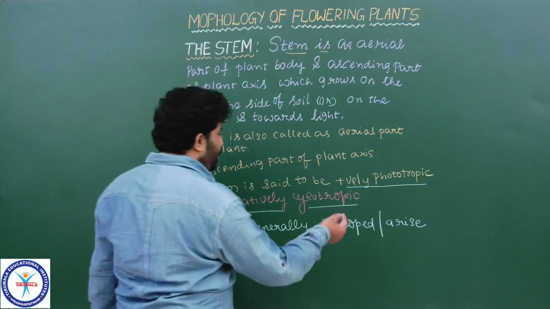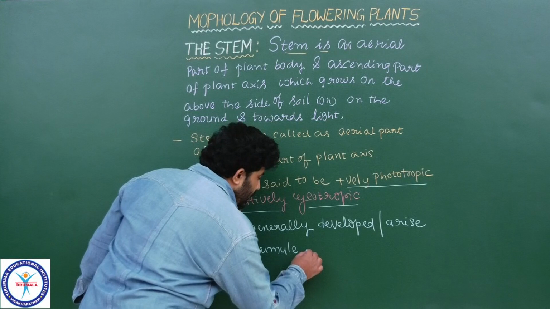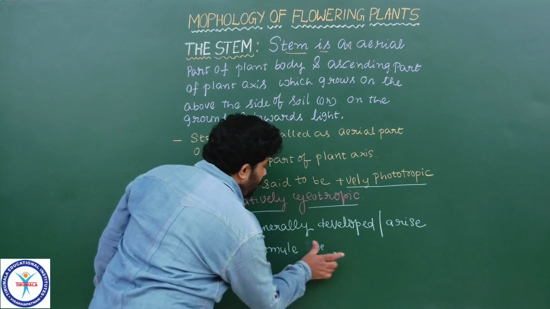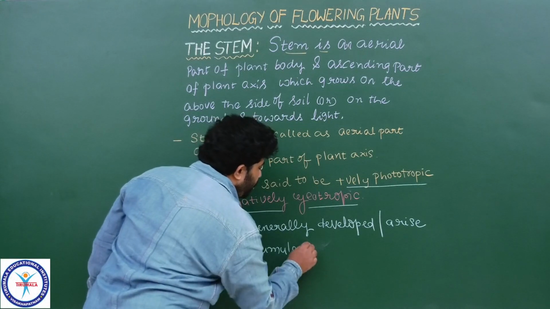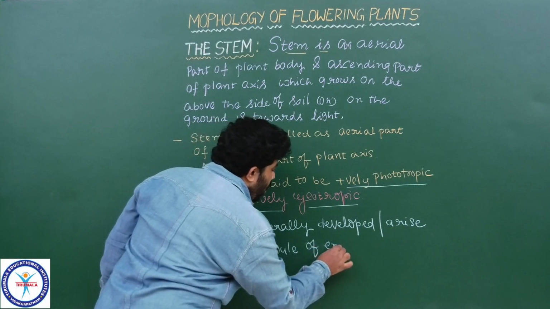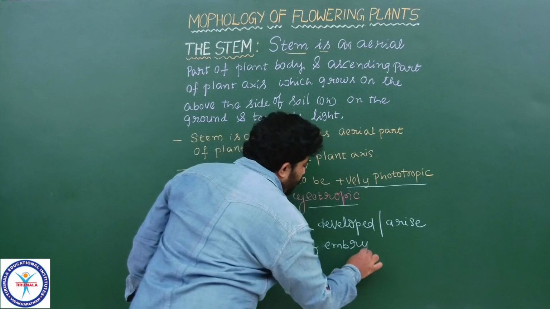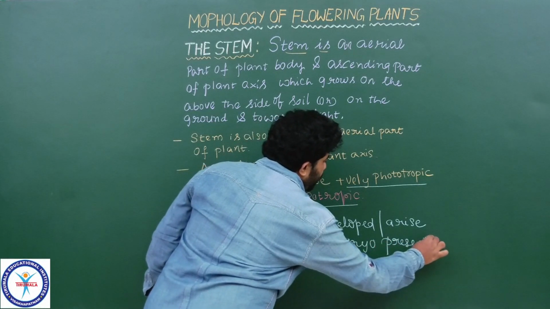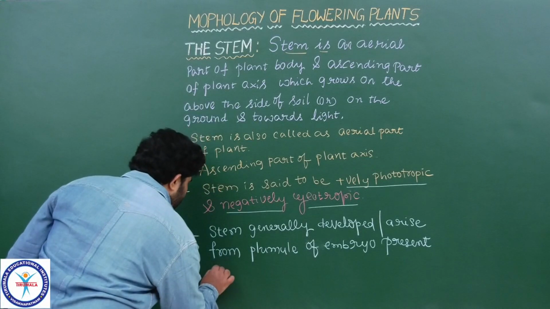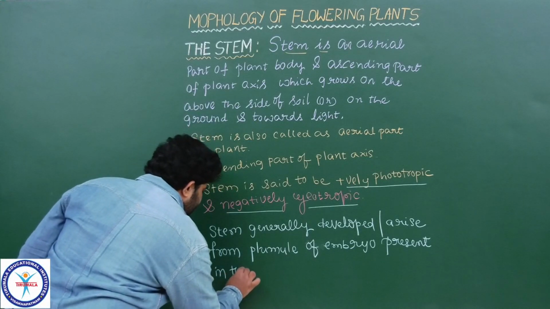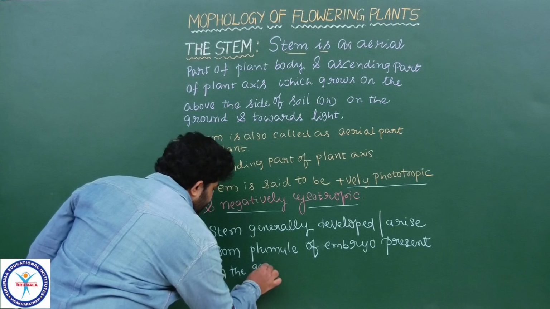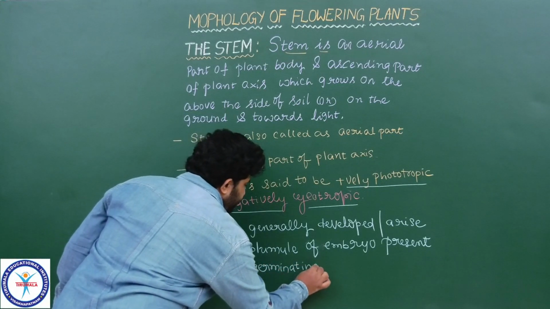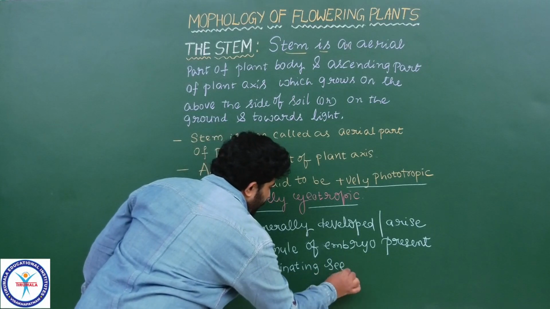So stem generally develops or arises from the plumule of the embryo present in the germinating seed.